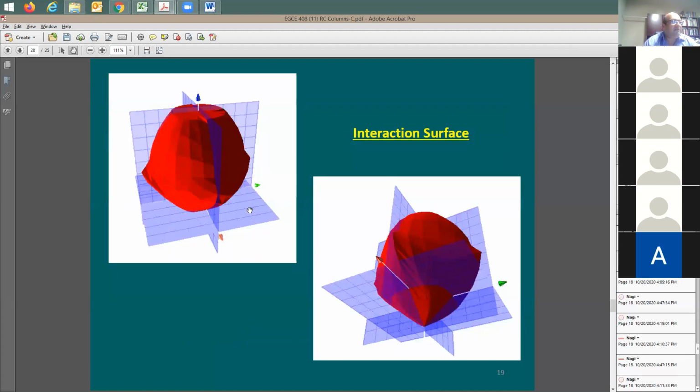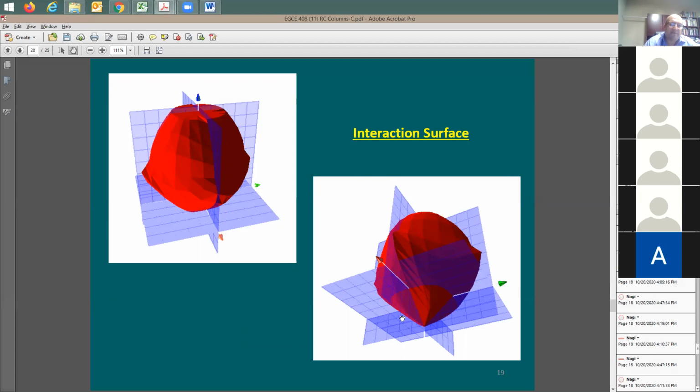So actually, we're going to have a surface like this. We call this the interaction surface. Now you have moment about the x, moment about the y, and then you have an axial load. The axial load above this level is going to be compression, and the axial load at the bottom is going to be tension.